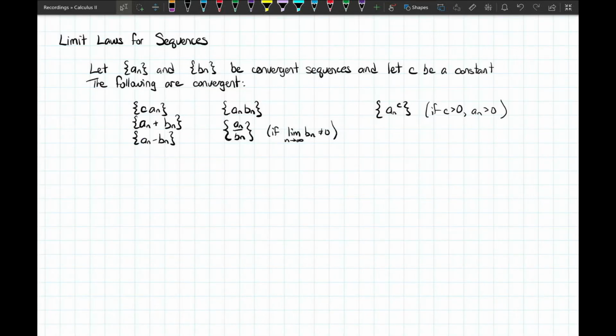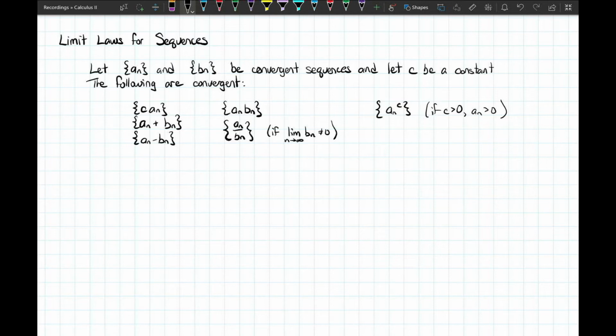Applying the limit laws to sequences, if we start off with convergent sequences an and bn, and where we have c just being some kind of constant, then the following are also convergent. A constant multiple of a convergent sequence is also convergent. The sum or difference of convergent sequences is still convergent.